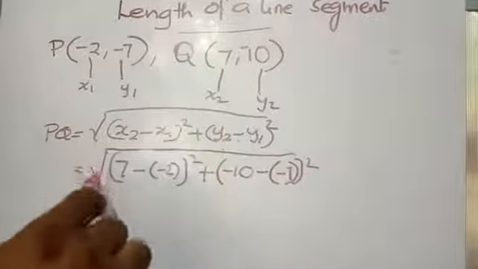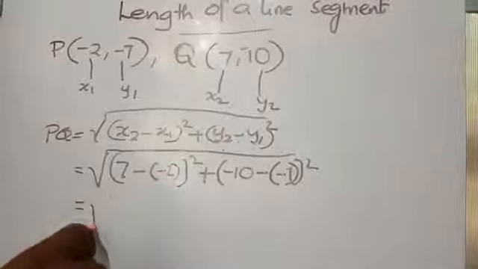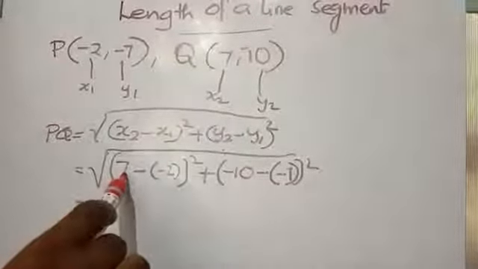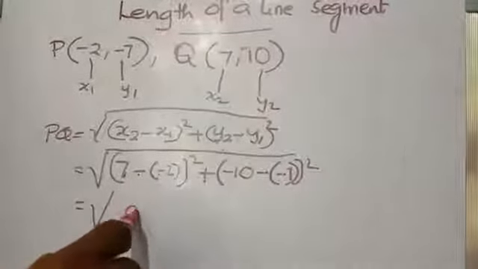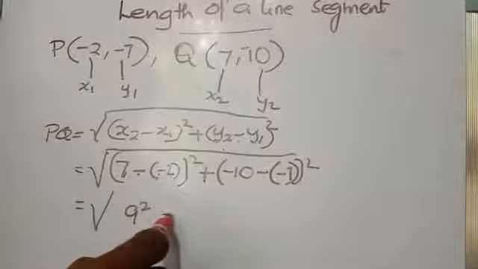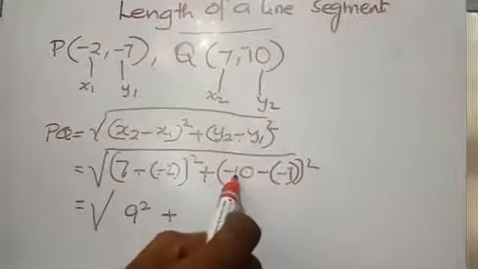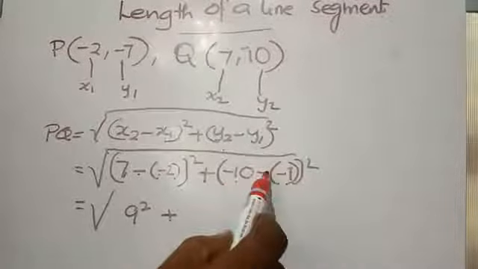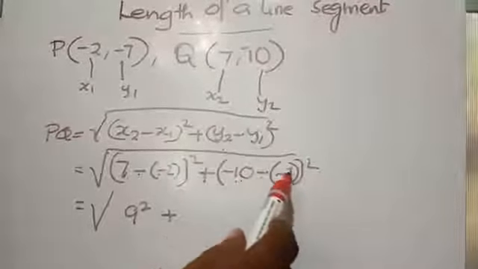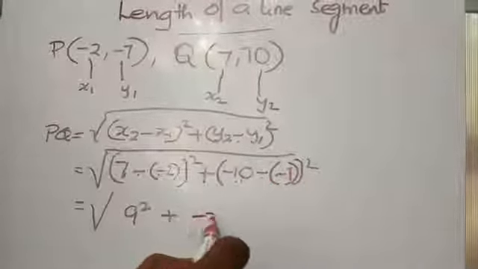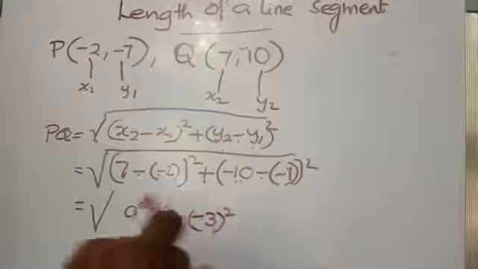It's very simple now, which is equal to under the root 7 minus into minus is plus, so 7 plus 2, 9 squared, plus minus 10 minus into minus is plus, so minus 10 plus 7 is minus 3 squared.